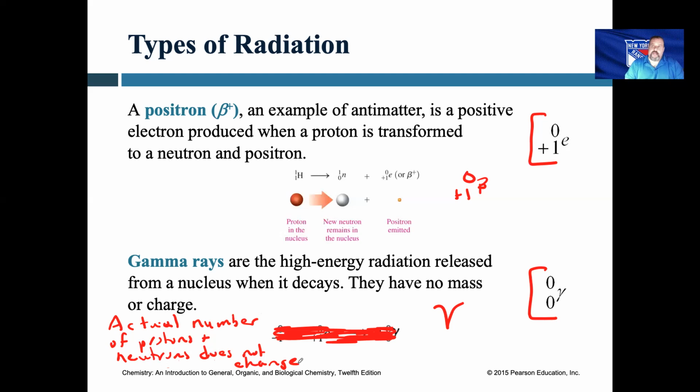Whereas for the other types of radiation, the actual number of protons and neutrons in the nucleus of that atom changes. Okay, so that's again the key difference.